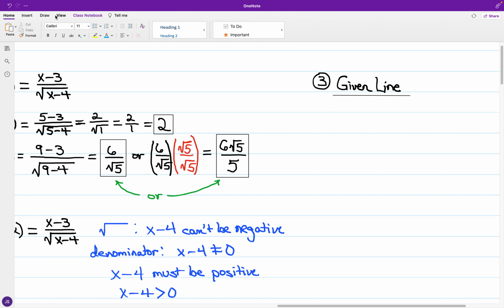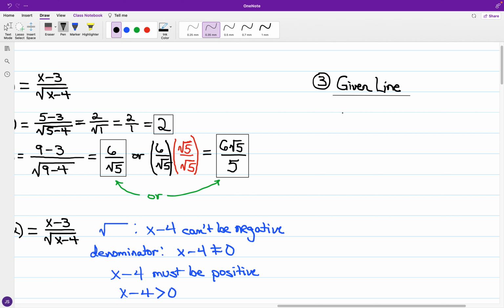So we have for the given line 2x plus y is equal to 4.